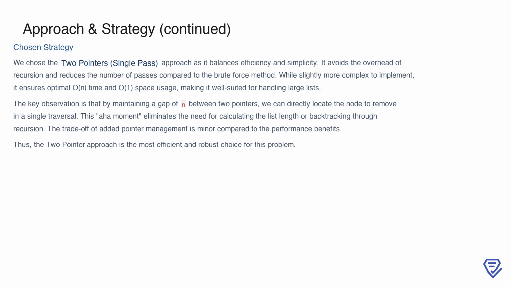This insight eliminates the need to calculate the list's length or to backtrack. While managing two pointers adds minor implementation complexity, the performance benefits far outweigh this trade-off. With an O(n) time complexity and O(1) space usage, the two-pointer approach is both robust and scalable, making it the ideal choice for solving this problem efficiently.